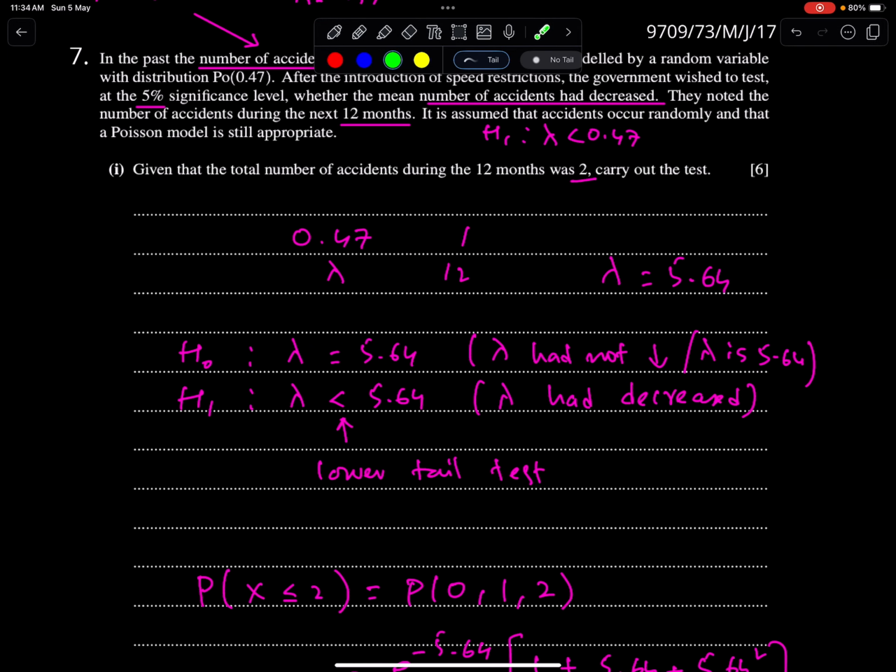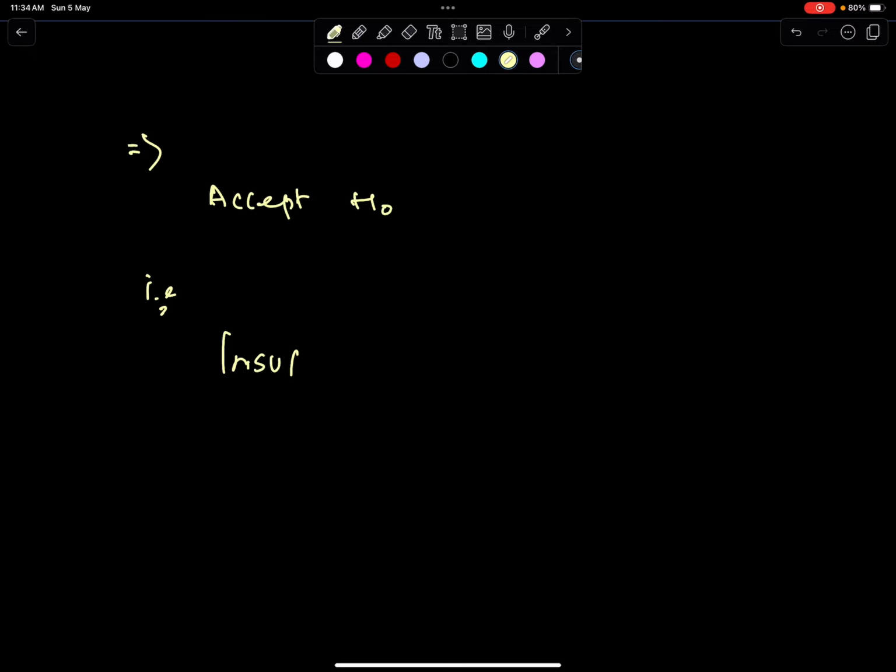You have to conclude that there is insufficient evidence to say that lambda, or you can say mean, had decreased.